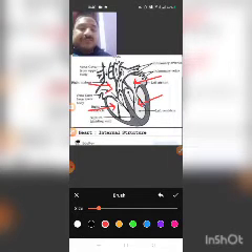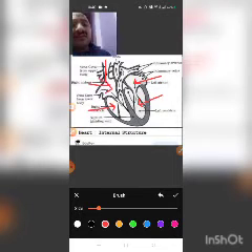Dear students, the human heart is the pumping organ of our body. It pumps blood to all parts of the body. The right auricle of the human heart receives deoxygenated blood from the superior vena cava, or we may call it the precava.